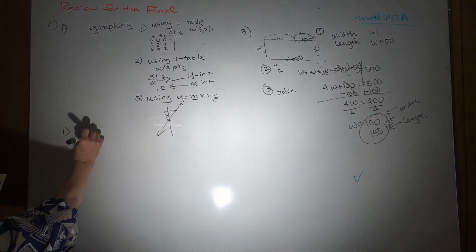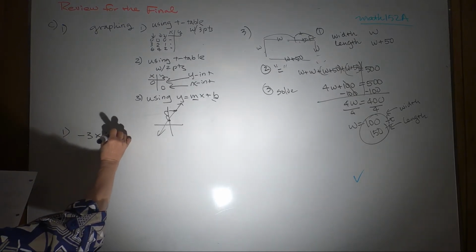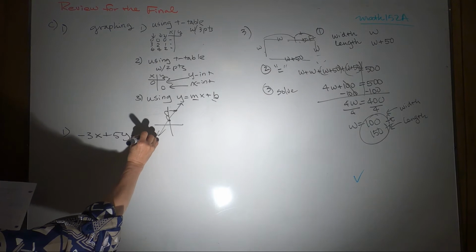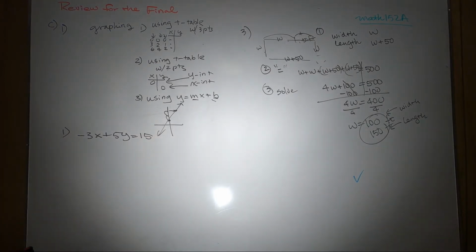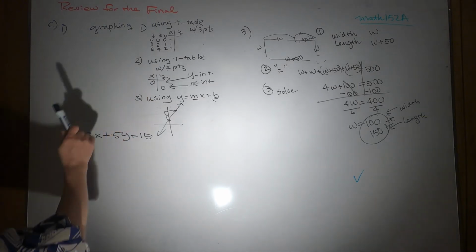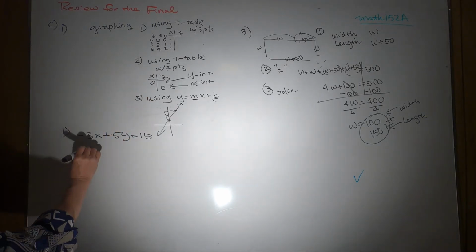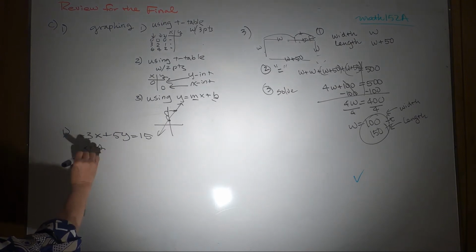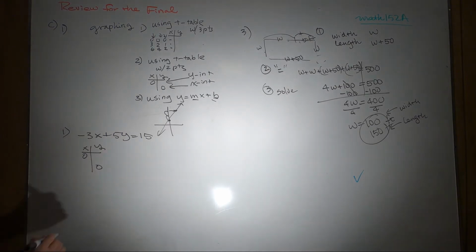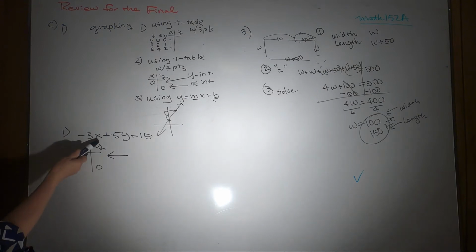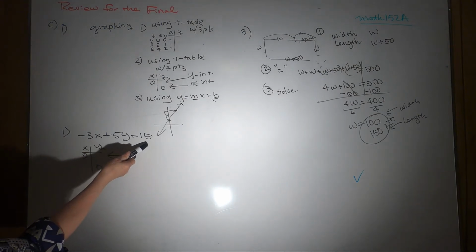So first one, 3x plus 5y equals 15. Do I have a linear equation, right? It says use the x-y intercept, so use the second method. So x is 0, you plug in 0, 5y equals 15.